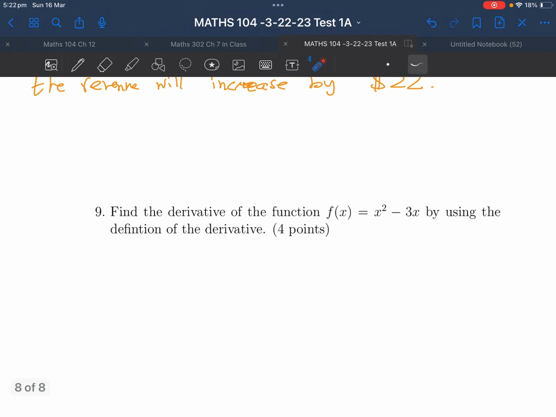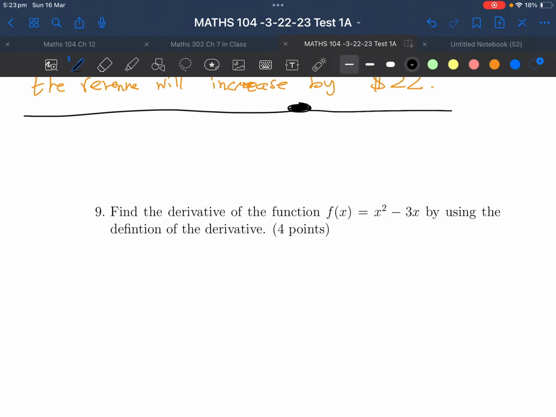Question number 2, we are asking you to find the derivative using the definition of the derivative. And that's exactly what we need to do here. So what we need to do is the following.